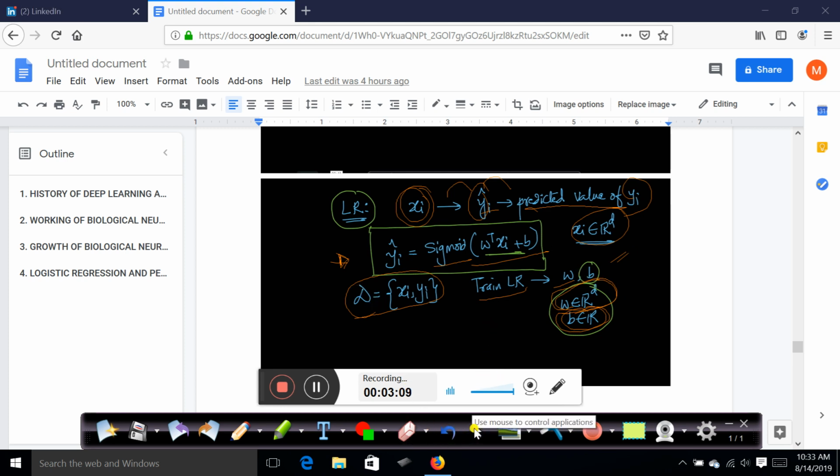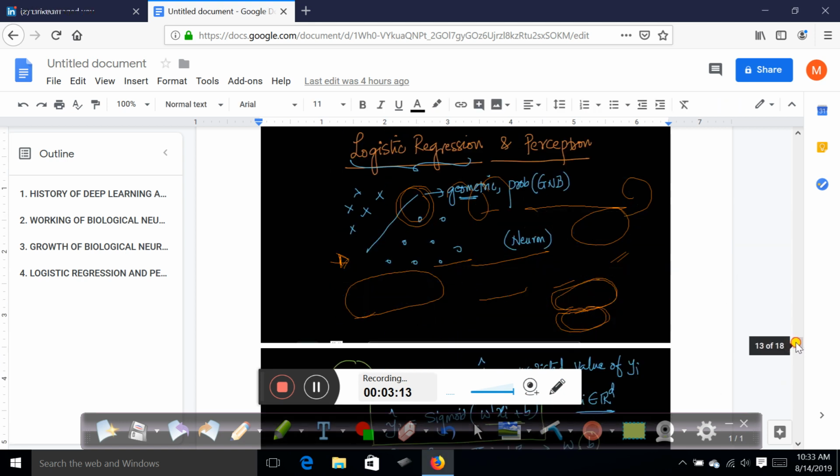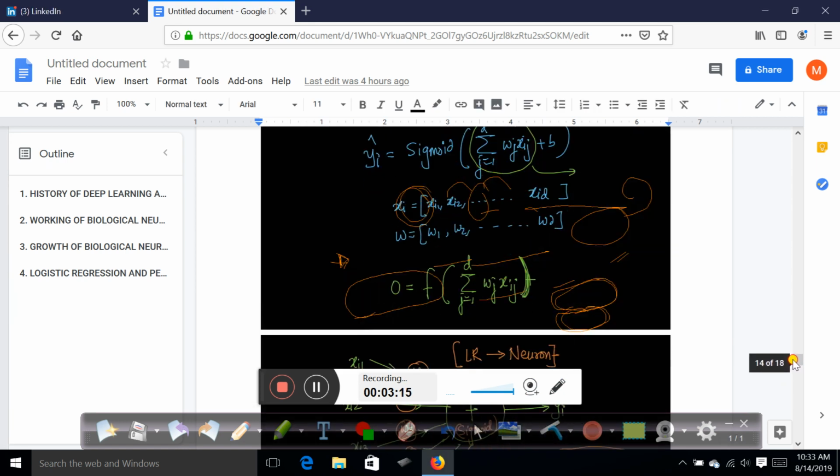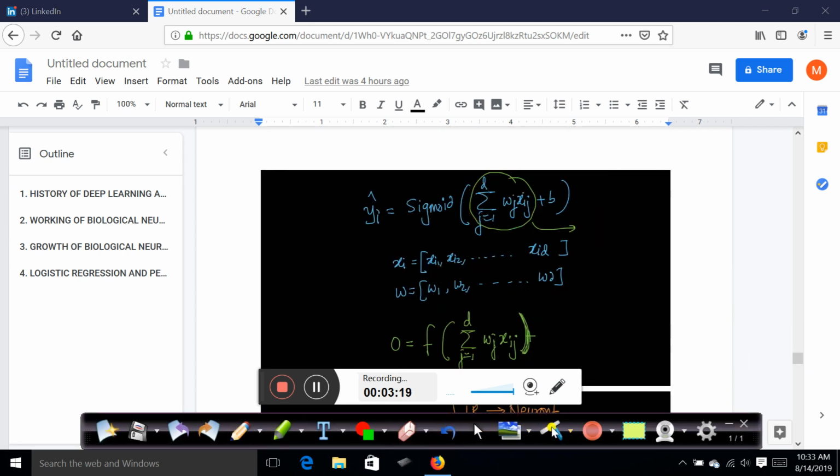So let's move ahead. For example, as we have considered, we have a d-dimensional point xi.